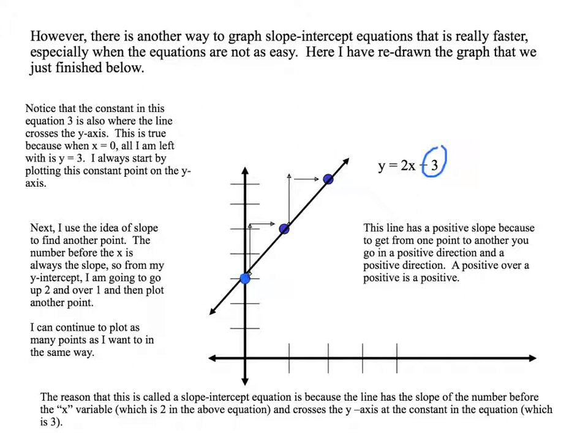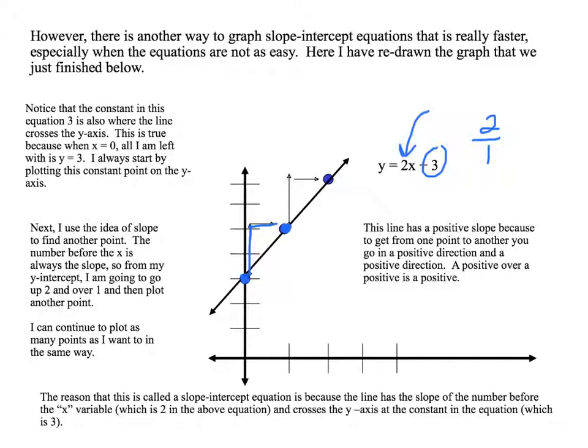Next, notice what the number is in front of the x. It is a 2. This is the slope of this particular equation. In other words, being a slope of 2, I could rewrite it as 2 over 1, which means that in order to get from one point to another point, I am going to go up 2, and then I'm going to go over 1, and then I'm going to plot another point.